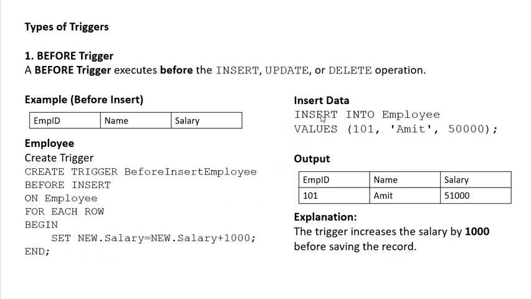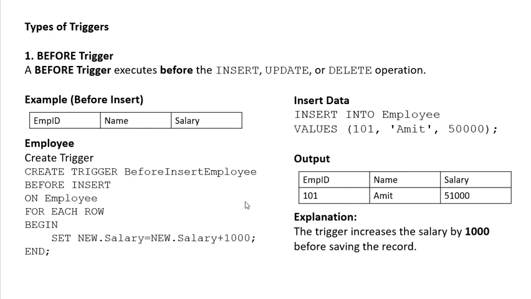Insert the data: INSERT INTO employee VALUES, employee ID 101, name Amit, salary 50,000. The output shows employee ID 101, name Amit, and the trigger adds 1000 to the salary.